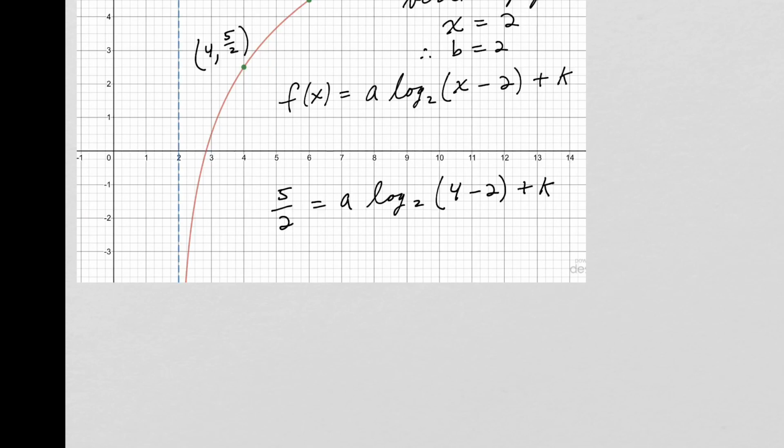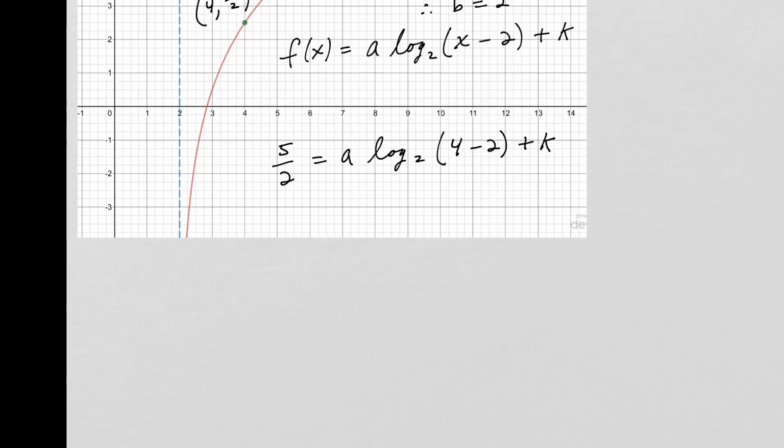Okay, so I can simplify this a little bit, right? So I have 5 halves is equal to a times log base 2 of 2 plus k. And remember, what's log base 2 of 2? That's equal to 1, right? Log base b of b is always equal to 1. So this first equation I have is 5 halves is equal to a plus k.